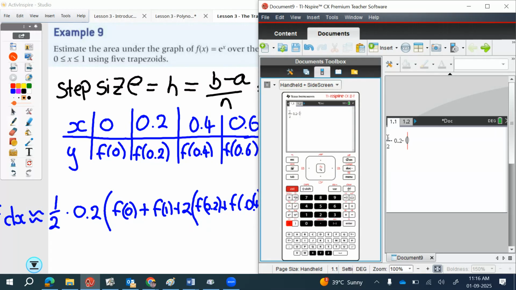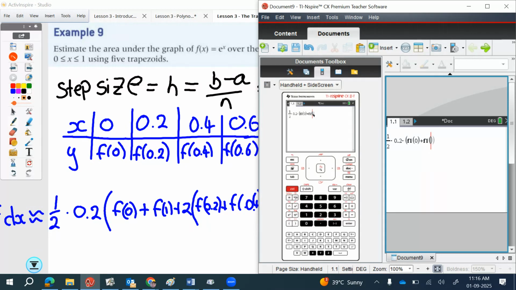Particularly this one in front of the 2 and this one here. So the first one, we're going to use the function here. Press function. We want f of 0, close bracket, plus f of 1, close bracket, plus.